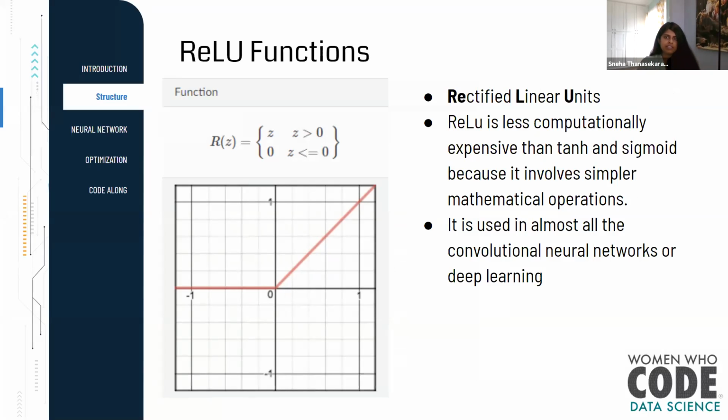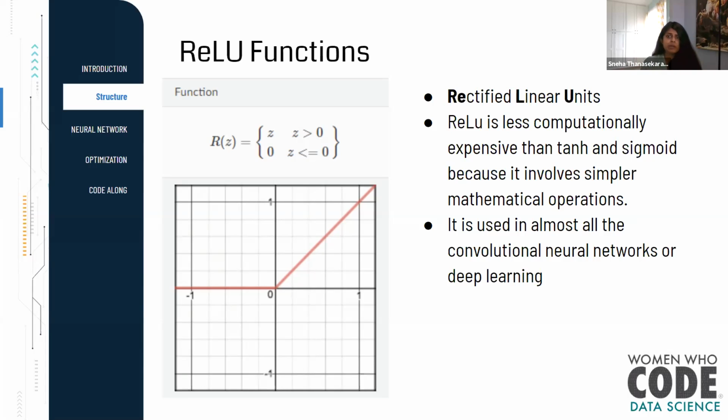So as you can see here, the ReLU is half rectified, which means the function is 0 when z is less than 0, and the function is equal to z when z is above or equal to 0. For negative input values, the result is 0. That means the neuron will not get activated.